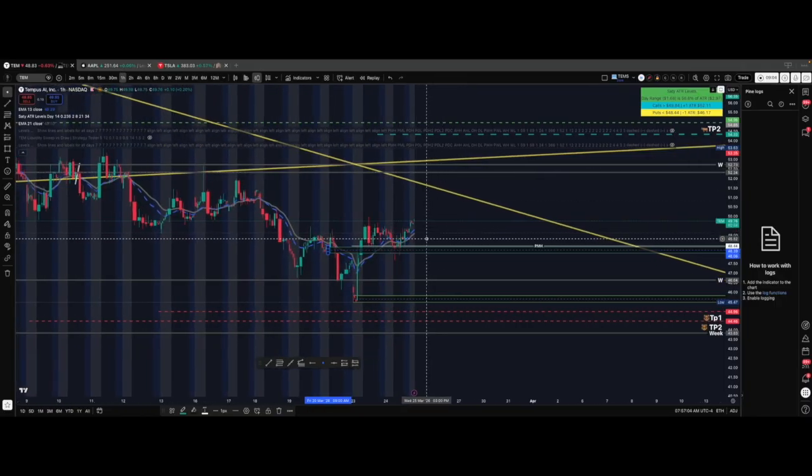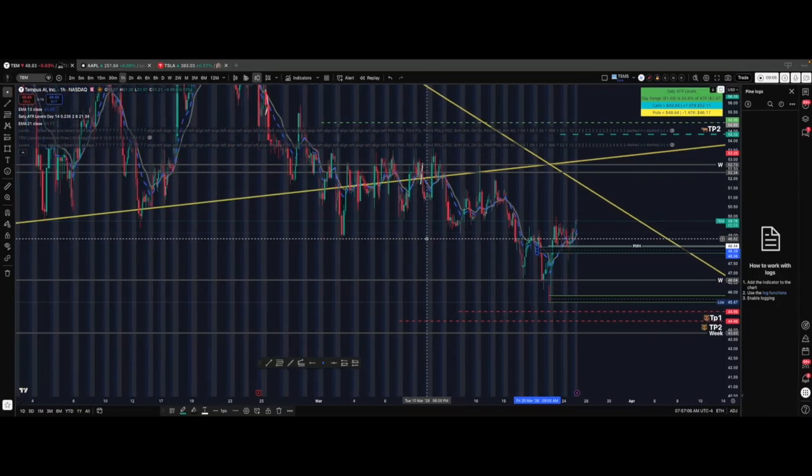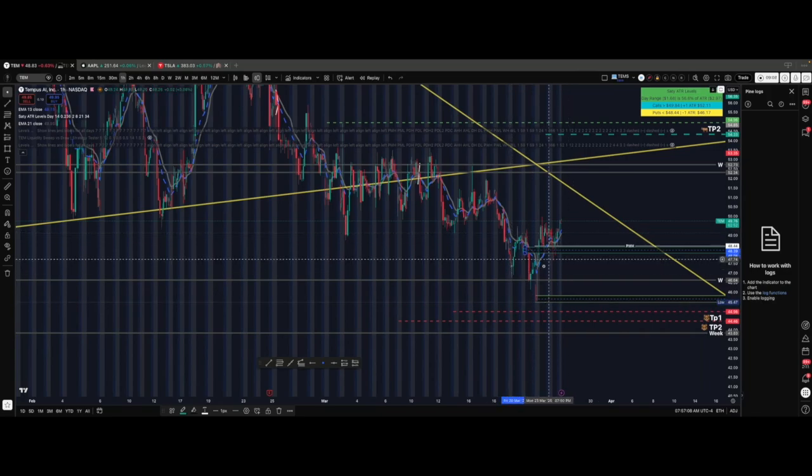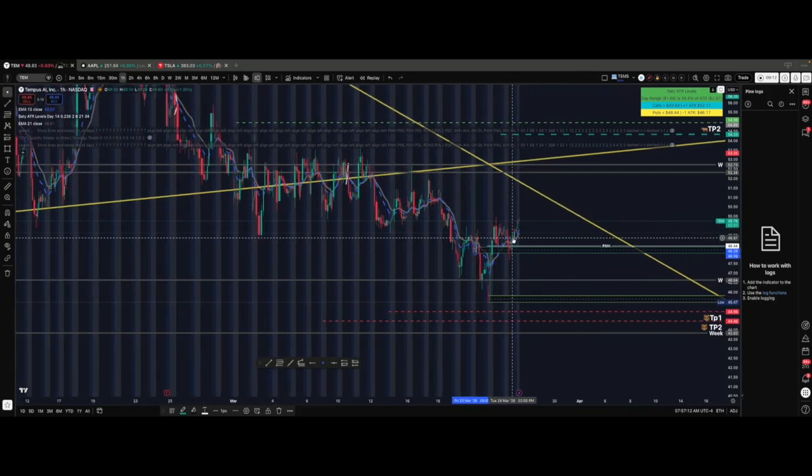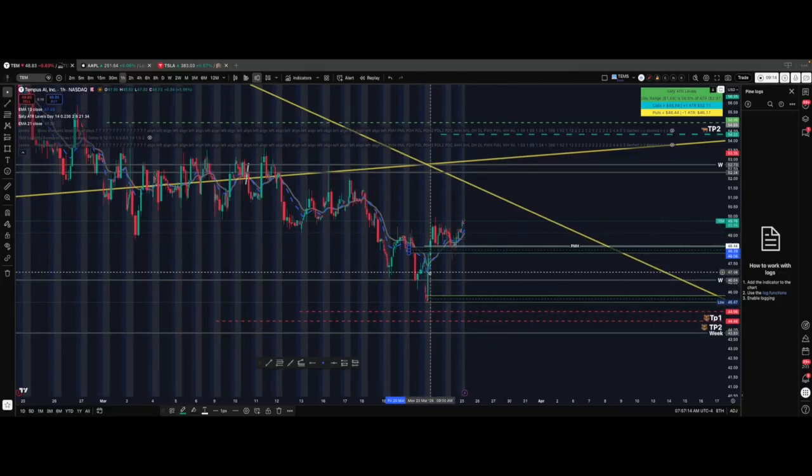So where we're at now is we're still kind of out of that channel, but this is a weak line right here. So that also signifies something. And as you can see, price almost touches it, then touches it, then it pops up from there.